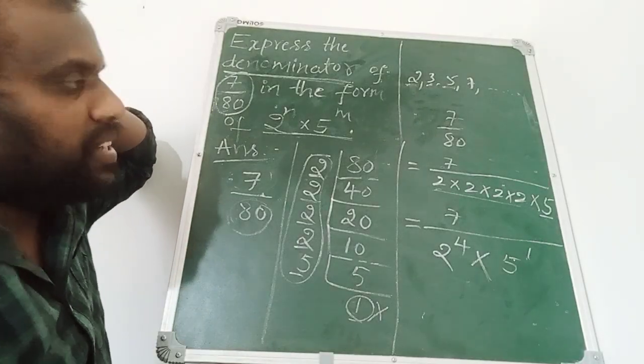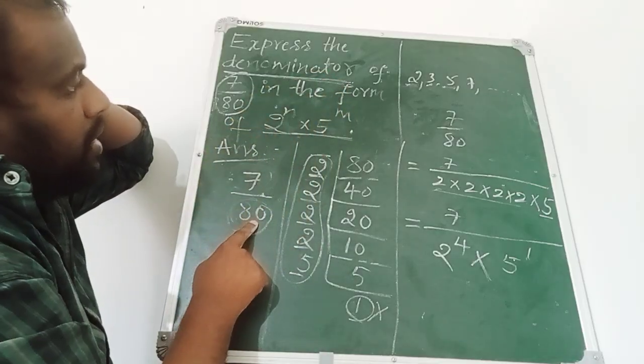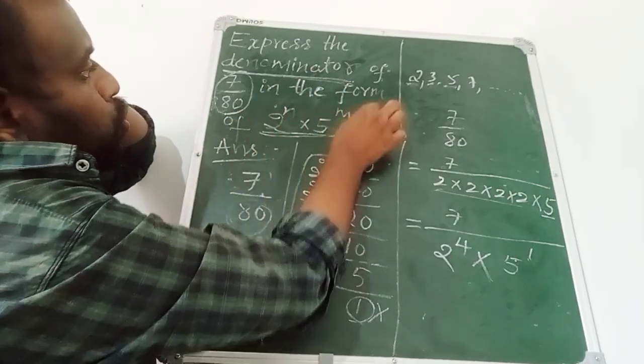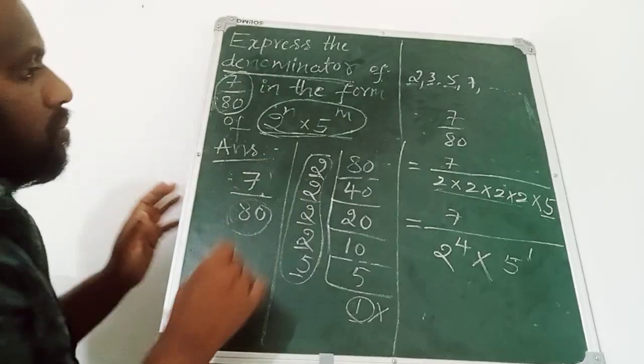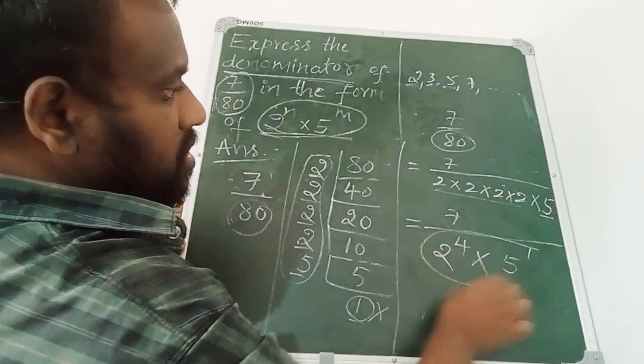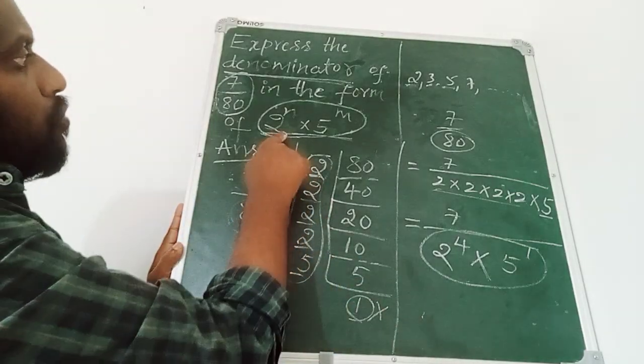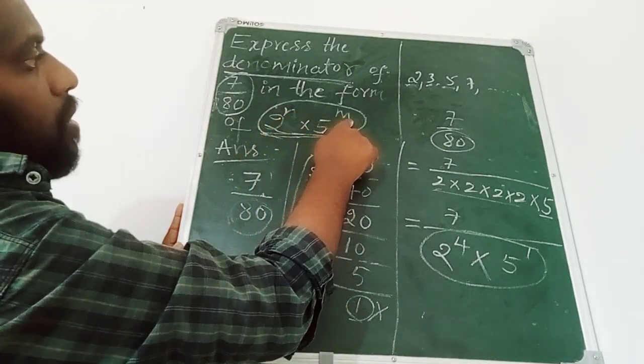What did the question ask? We have to express this denominator 80 in the form of 2 to the power of n into 5 to the power of m. Now we can see that in place of 80 we have got this. So 80 is expressed in the form of 2 to the power of n into 5 to the power of m.